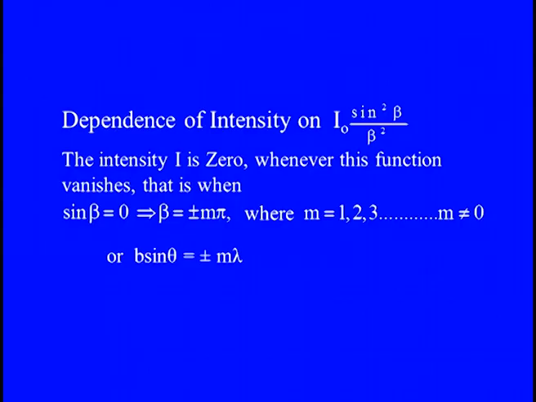Now, let us discuss the dependence of intensity on the I0 sin²β/β² term, that is the single slit intensity pattern. The intensity I is 0 whenever this function vanishes, that is when sin β is equal to 0, that is β = ±mπ, where m = 1, 2, 3 and so on, but m is not equal to 0, or b sin θ = ±mλ.